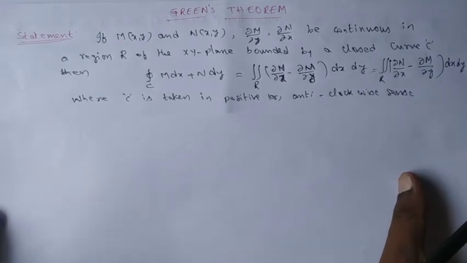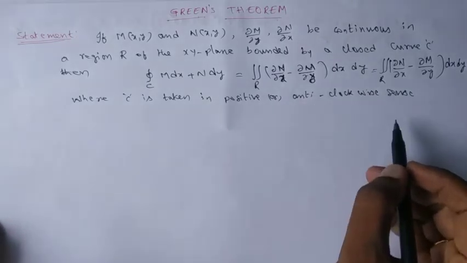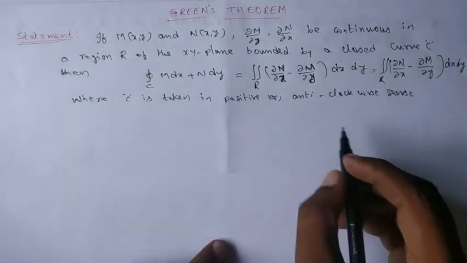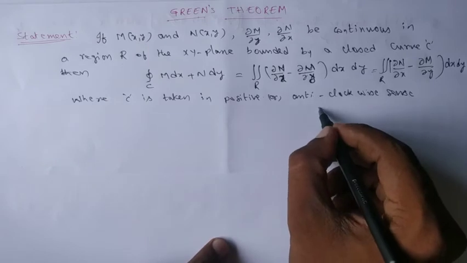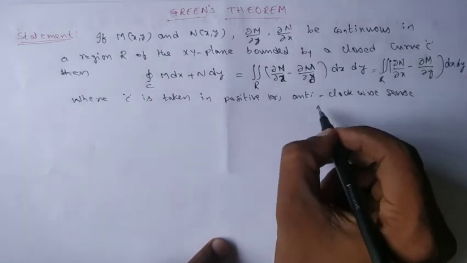Is it clear? Generally, C is taken in the positive sense or anti-clockwise sense. Let me show the figure graphically. Suppose we take the xy plane, with this the x-axis and this the y-axis.